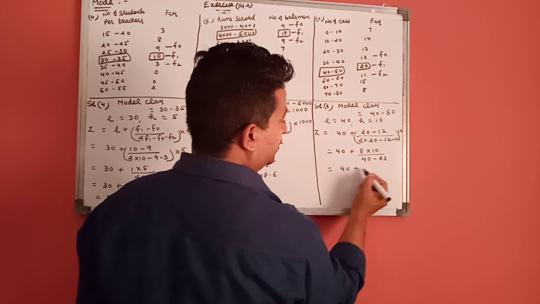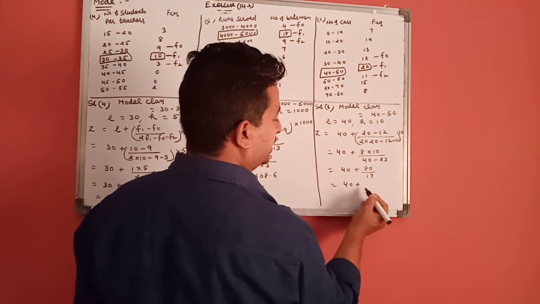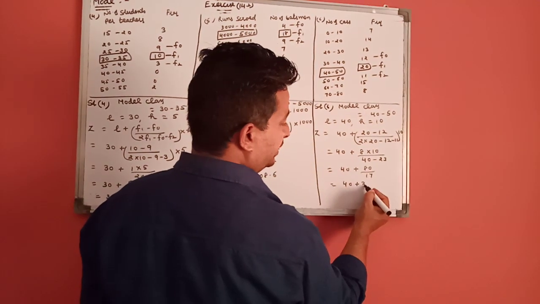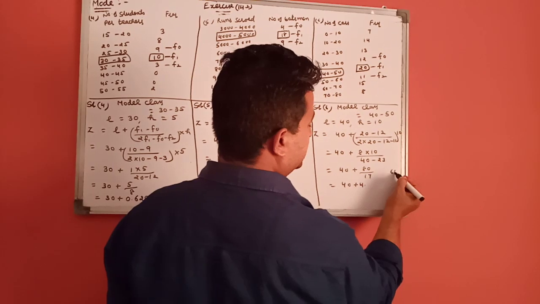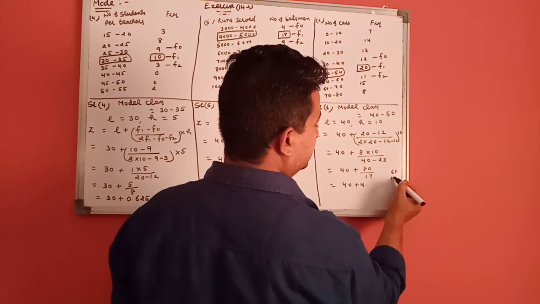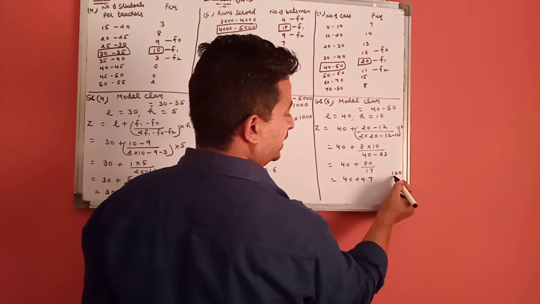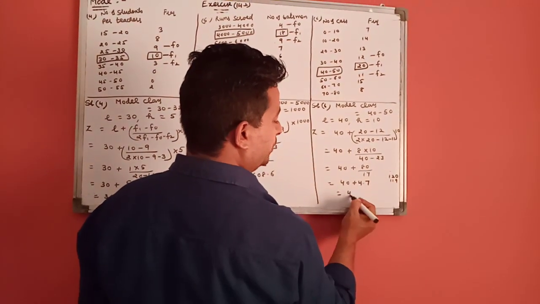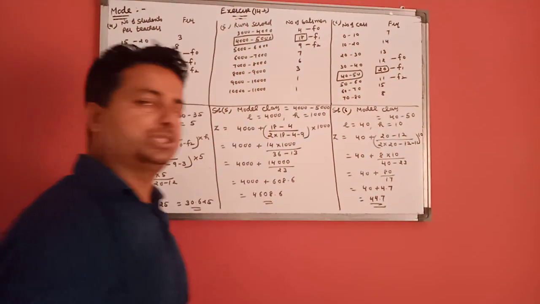So 40 plus 80 by 17. When we divide 80 by 17, we get 4.7. This is 44.7. This is the mode of this question.